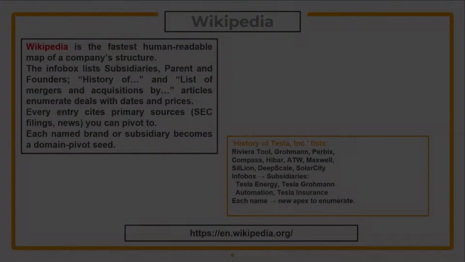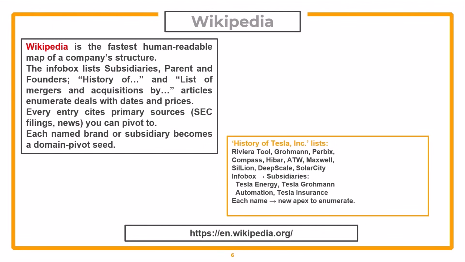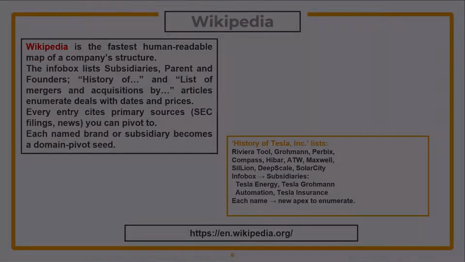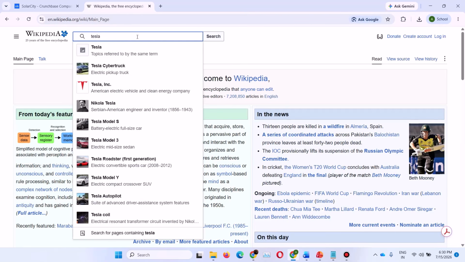While it may seem basic, it is easily the fastest human-readable map of a target's corporate layout. The primary advantage here is that the Wiki info box maps out key subsidiaries, and every major merger or acquisition entry links directly to a footnoted primary source, such as an SEC filing, which we can pivot to later. Open the Tesla article in your browser.